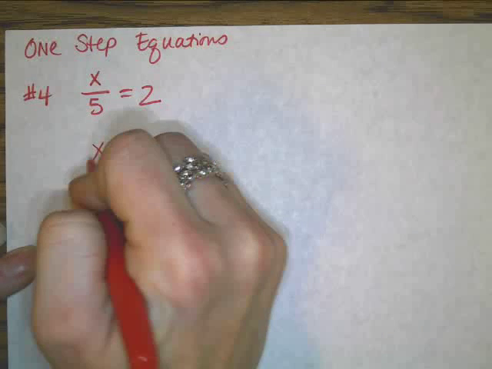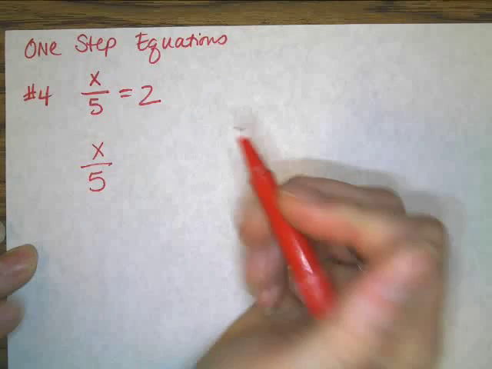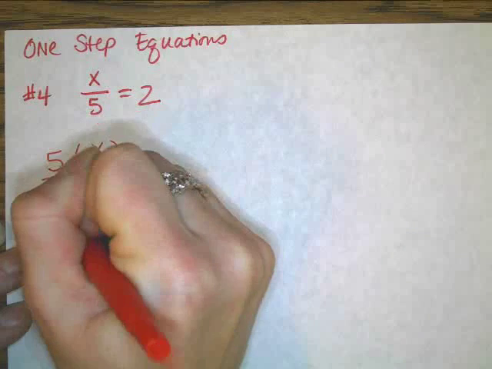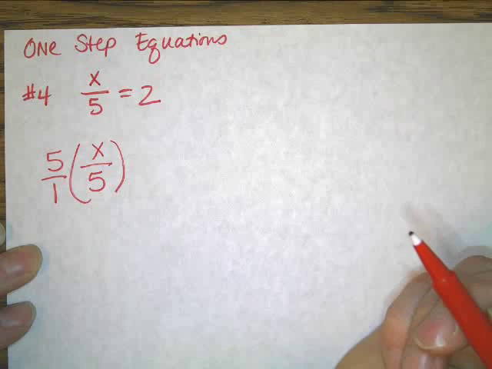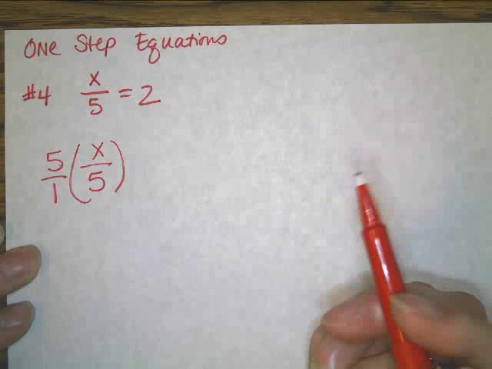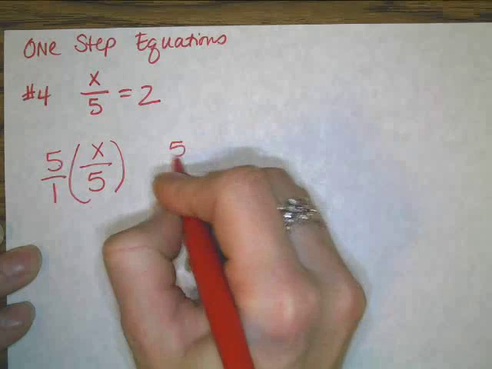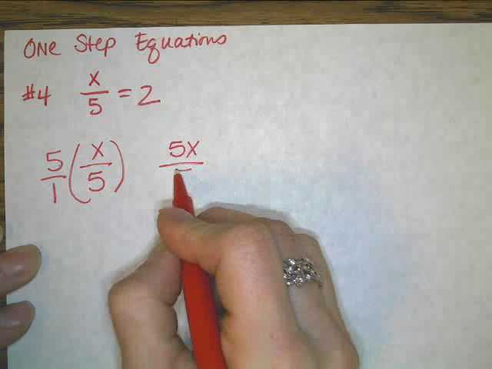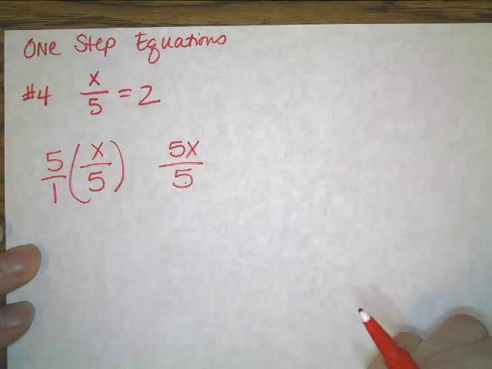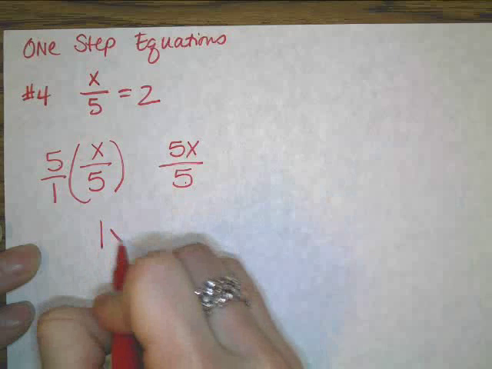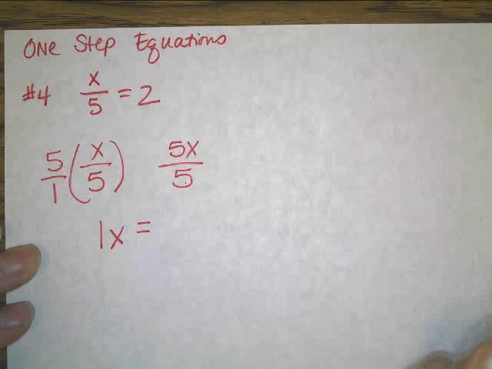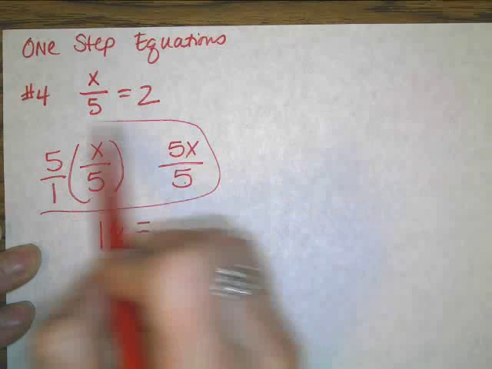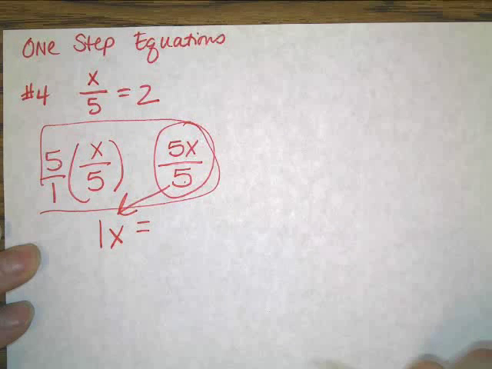So we're going to take x over 5 and we're going to multiply it by 5 over 1. 5 times x is what, Max? 5x. 5 times 1 is what, Evan? 5 over 5 is what, Cameron? 1. So isn't this what we just did? Doesn't this right here equal 1x? Does everyone agree to that?